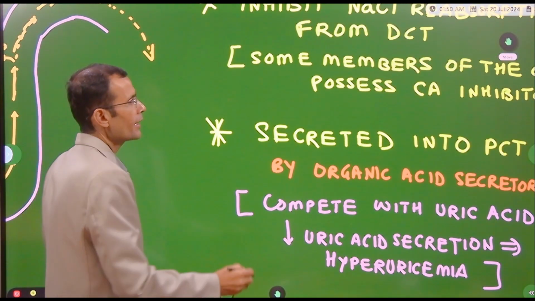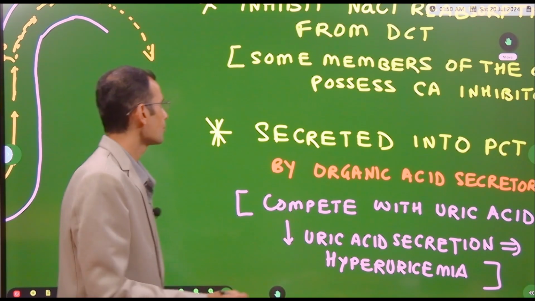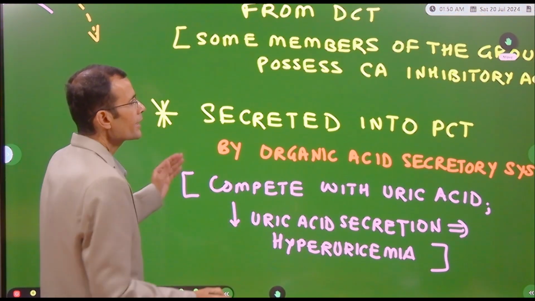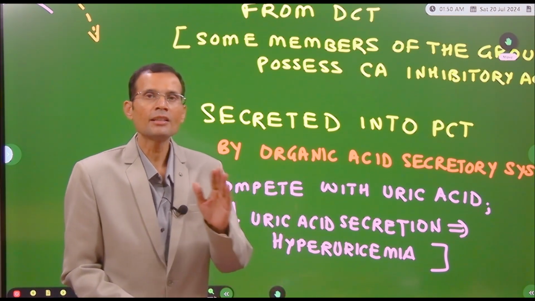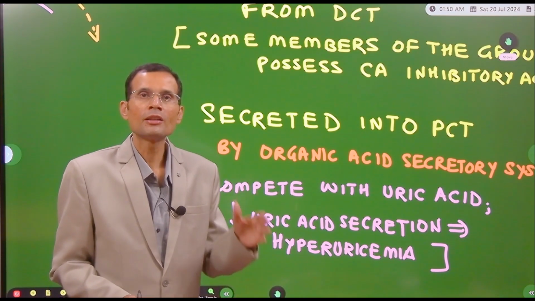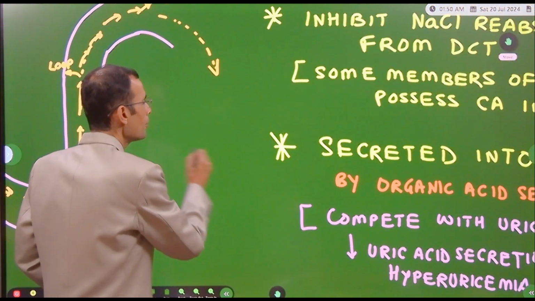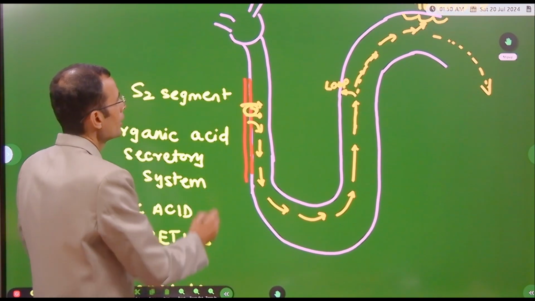How does the thiazide diuretic reach its target site of action? Thiazides are secreted into the PCT by organic acid secretory systems. Well, same was the case with loop diuretics. If you remember, in the video we had explained this part.